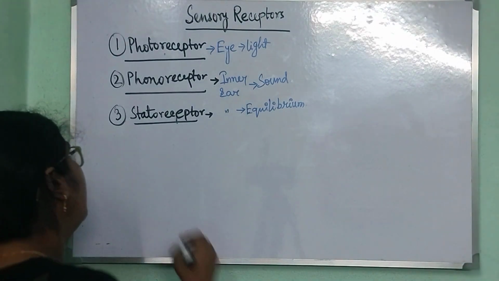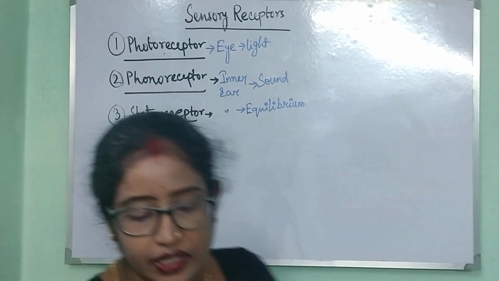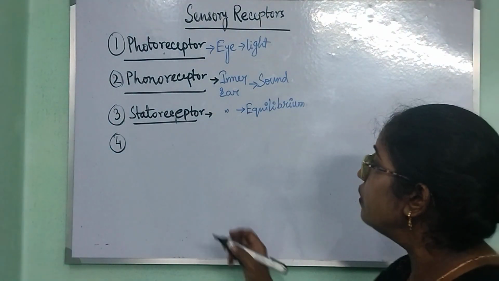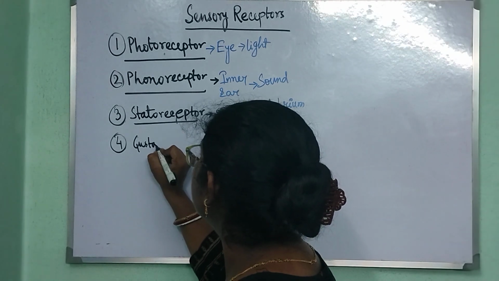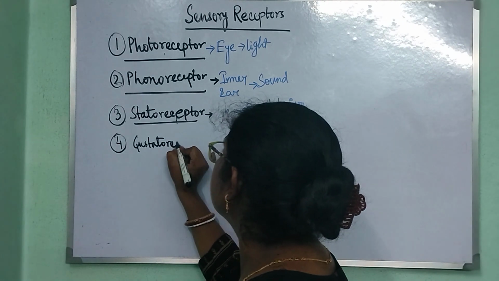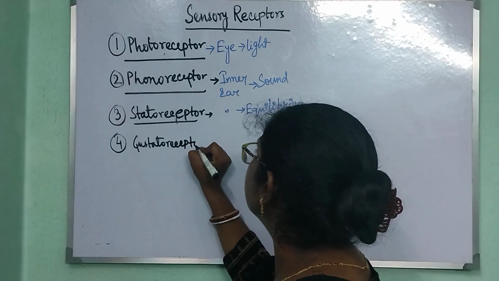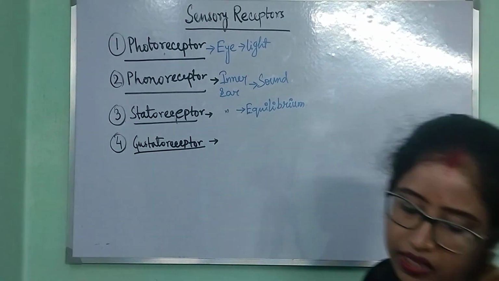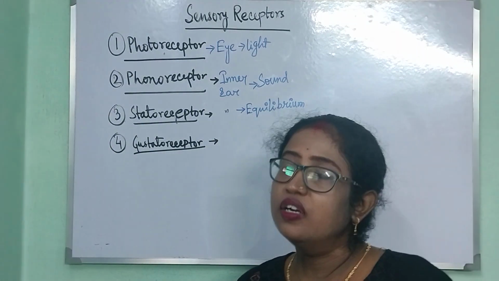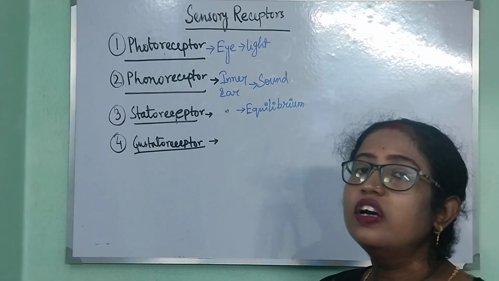Next, we have the fourth kind of receptor in our body, which is known as the gustatoreceptor. The gustatoreceptors are located in our tongue, especially beneath our taste buds.